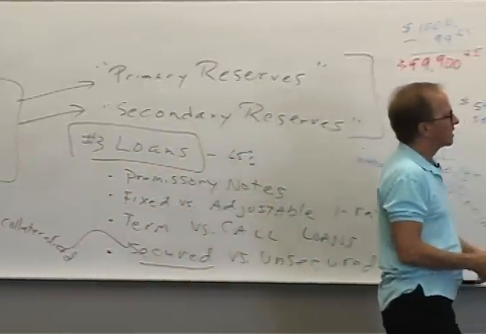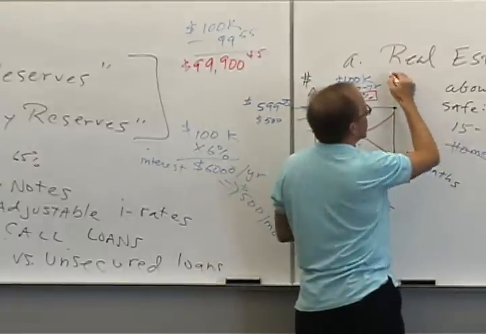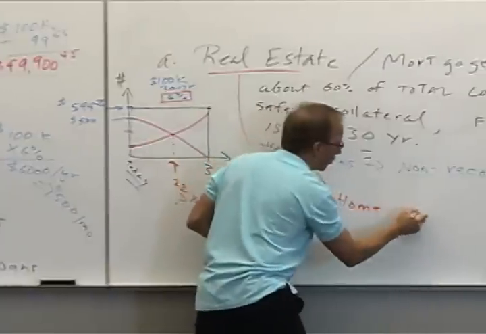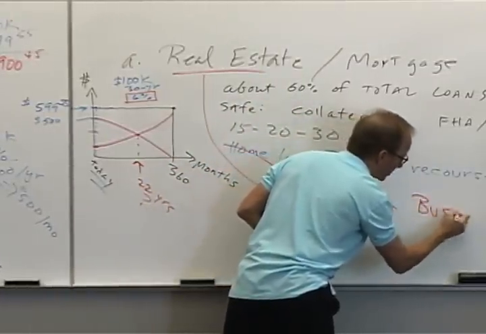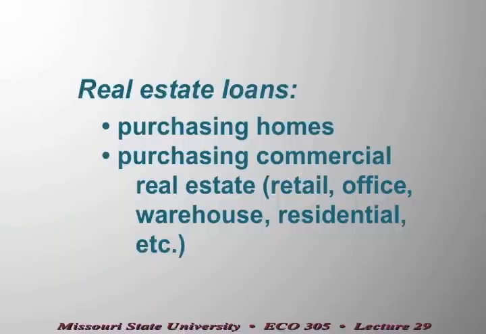I guess the final thing I would say is this. These are not only home loans, but home or business loans. That is to say, real estate loans include business real estate, commercial property loans.